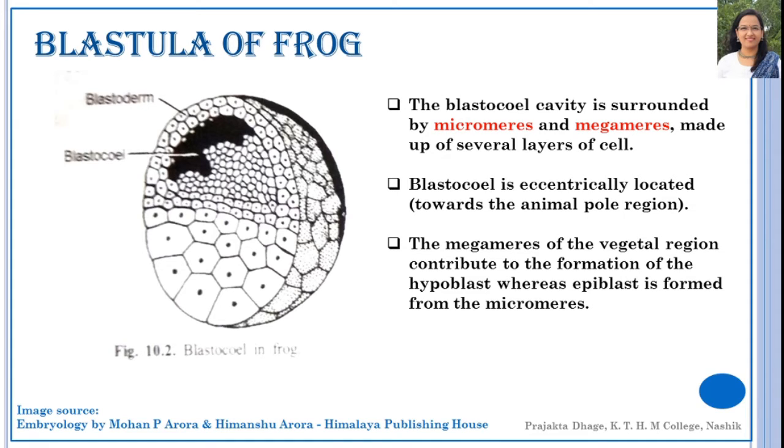In frog, the darkly pigmented cells derived from the animal pole of the egg give rise to the future ectoderm of the animal. Further division of the ectodermal regions provides cells for the epidermis and the nervous system of the embryo.